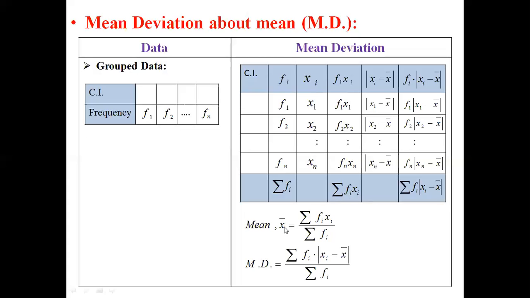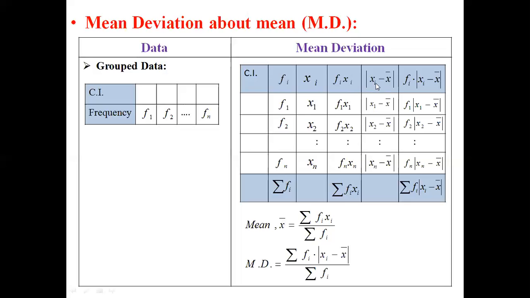So here we get the mean. The mean x bar is equal to summation of fi xi upon summation of fi. After getting the mean, the next step is to find mod of xi minus x bar. Subtract the mean x bar from all these observations and then take the mod of that value.